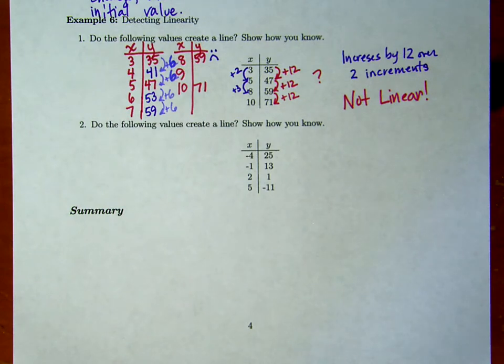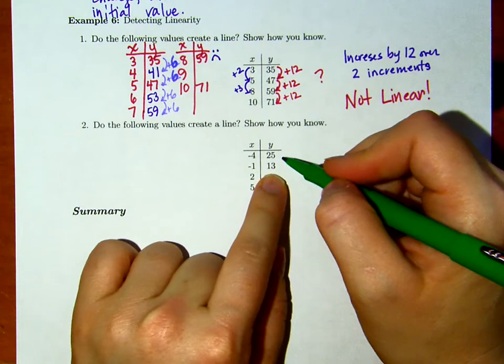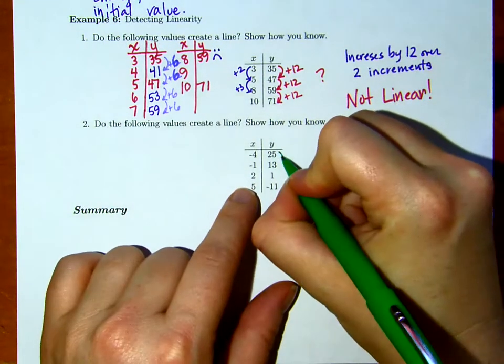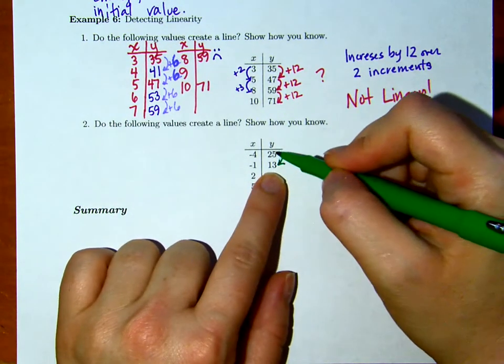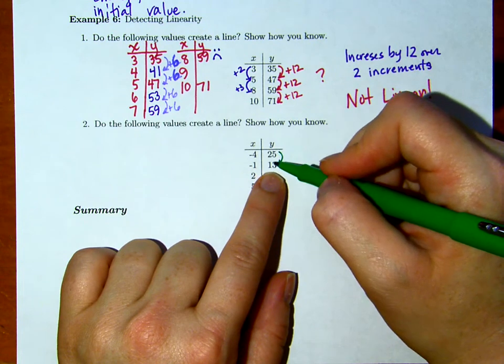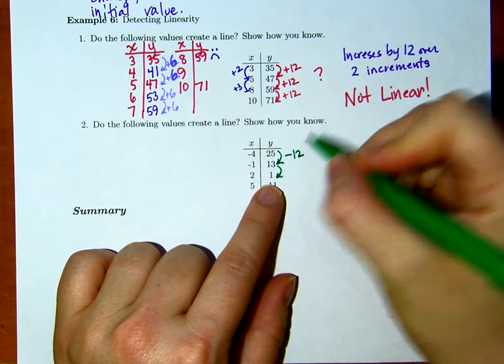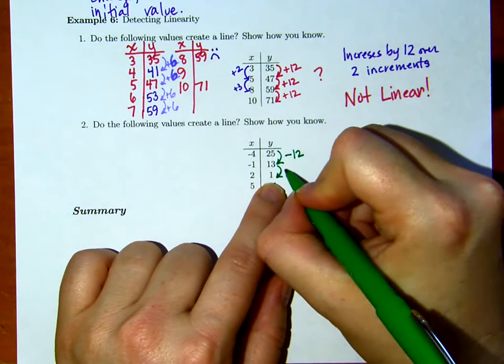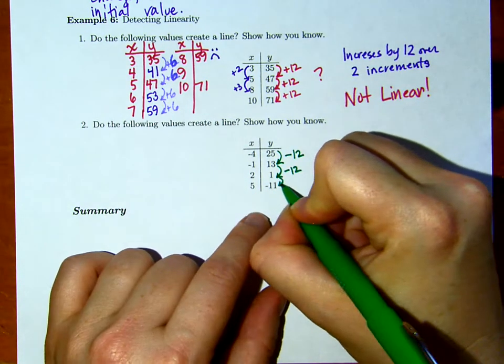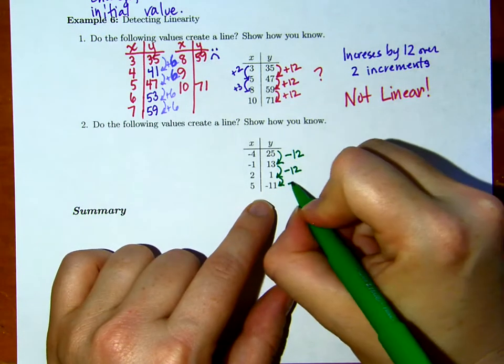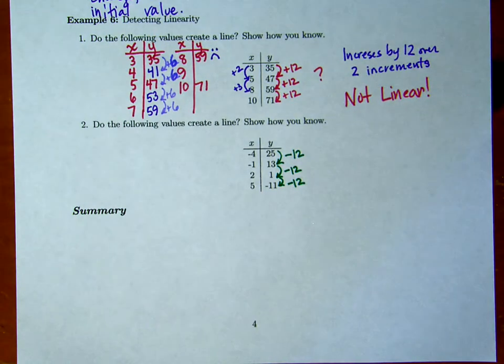Okay, now let's check this one. So let's do the same analysis here. From 25 to 13, that is a decrease by 12. From 13 to 1, that is a decrease by 12. From 1 to negative 11, that is a decrease by 12.